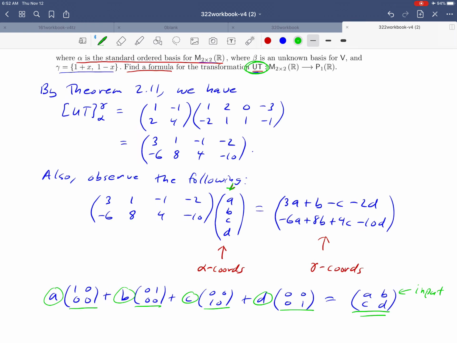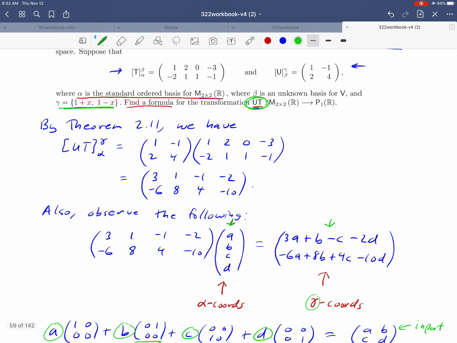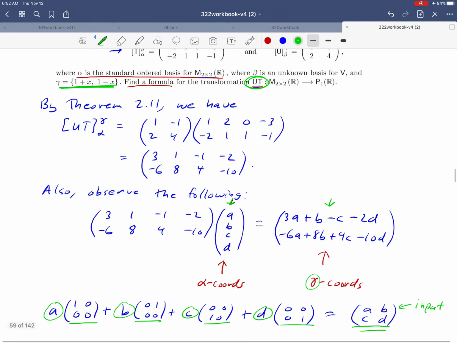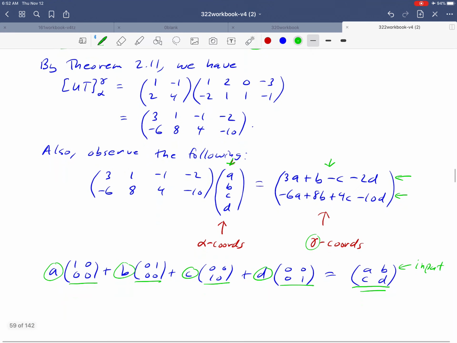And then what we're looking at over here are going to be the coordinates for the basis that goes with our outputs. And so now we need to focus on gamma. In the problem they told us that gamma is 1 plus x and 1 minus x, and so we're going to interpret these two numbers as being coordinates on those basis vectors. I'm going to go ahead and write those down.